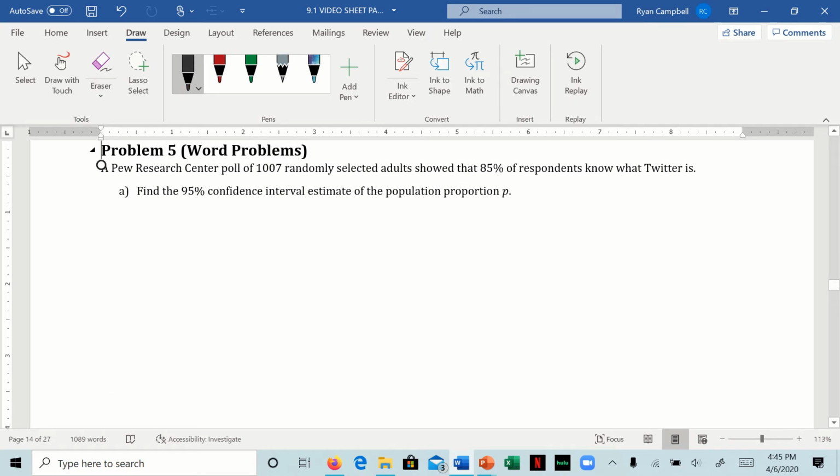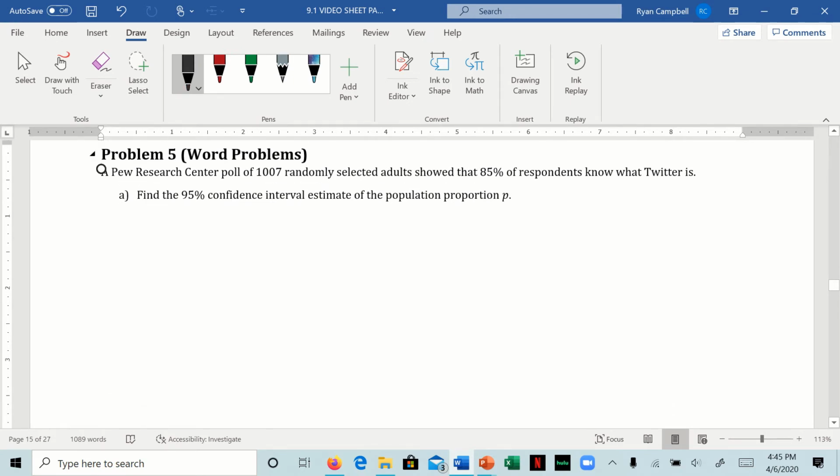A Pew Research Center poll of 1,007 randomly selected adults showed that 85% knew what Twitter was. Find a 95% confidence interval estimate of the population proportion. So, confidence interval, proportion. We know we're doing one-prop z-int.